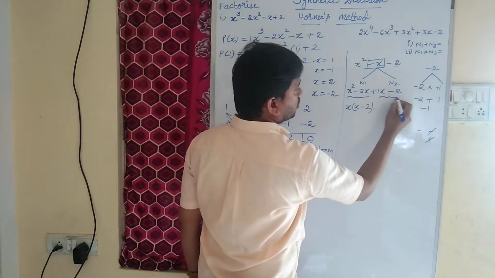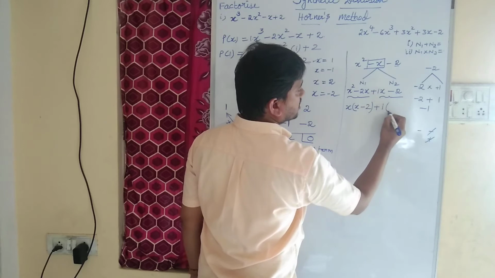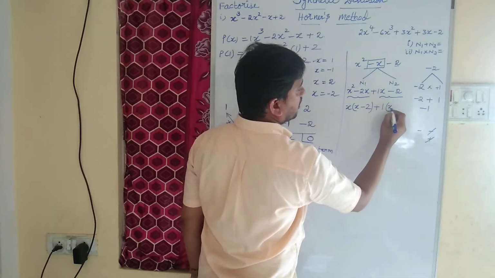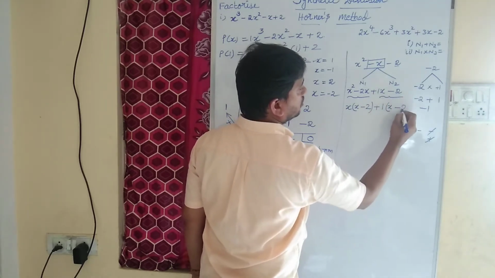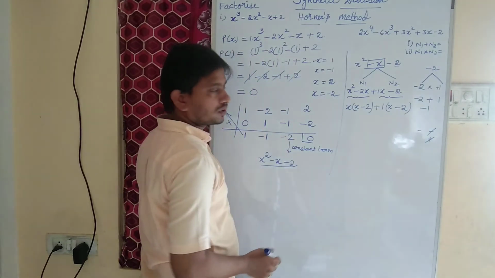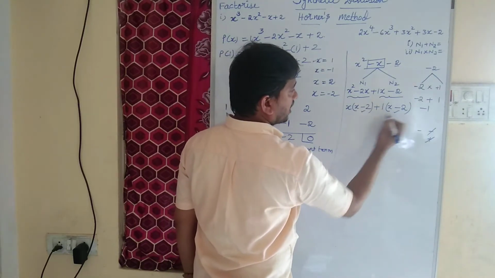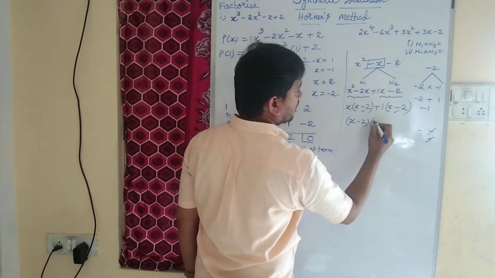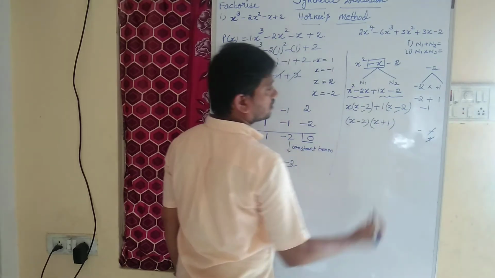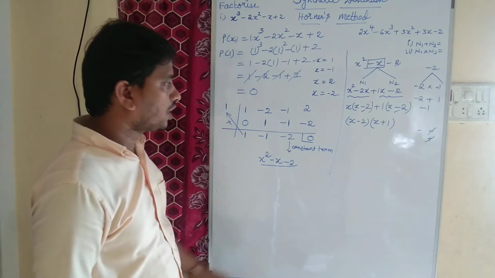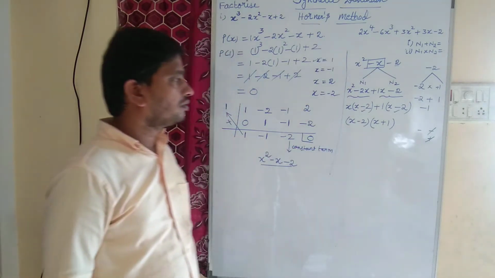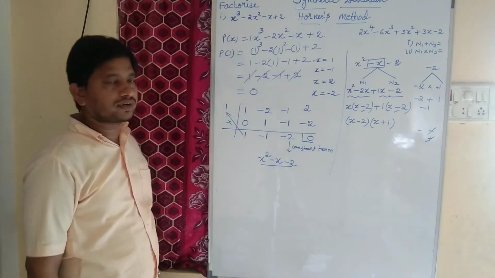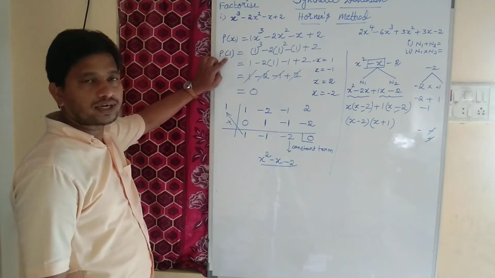Again now from these two terms, if I take 1 as common, 1 into x, 1x, minus 1 into 2, 2. Now from these two terms, if I take x minus 2 as common, what will I get? I will get x plus 1. Right? We got here two factors. One is x minus 2 and one is x plus 1. And here we got one more factor 1.